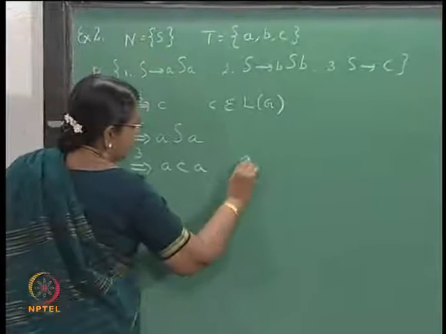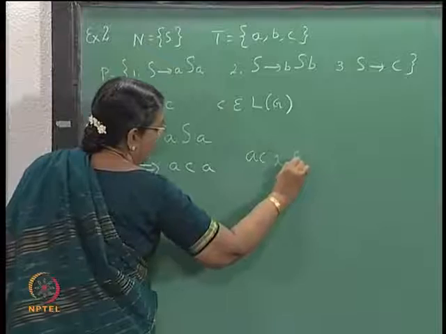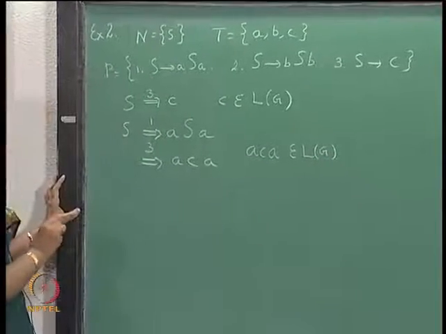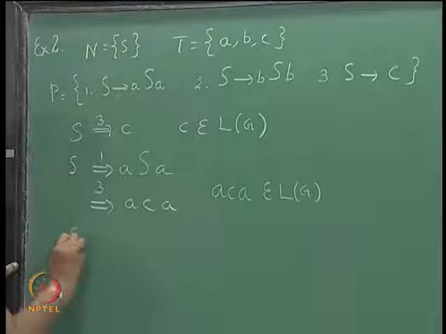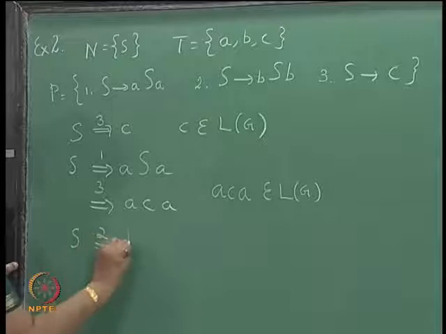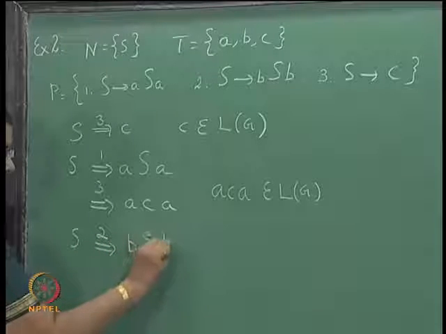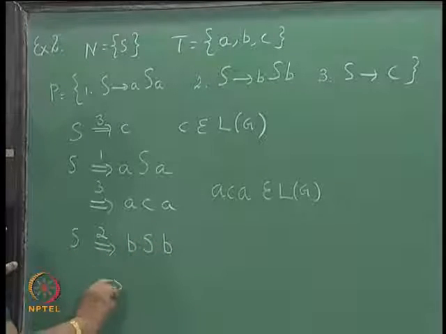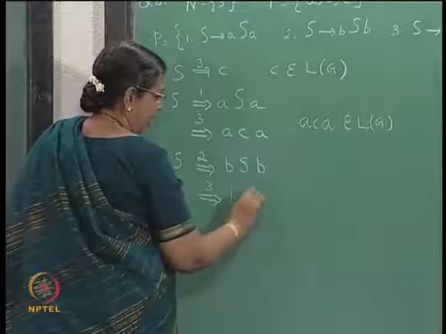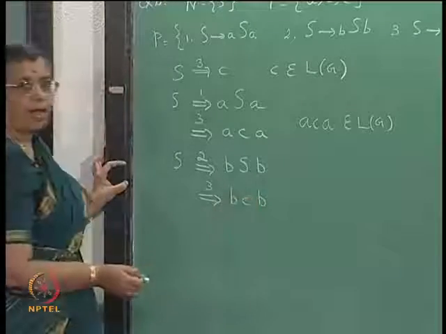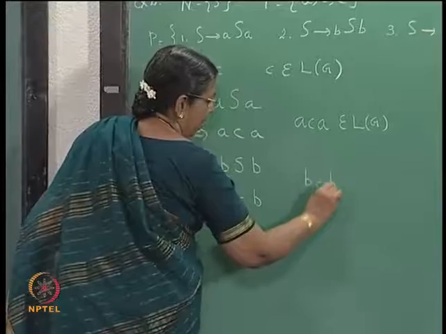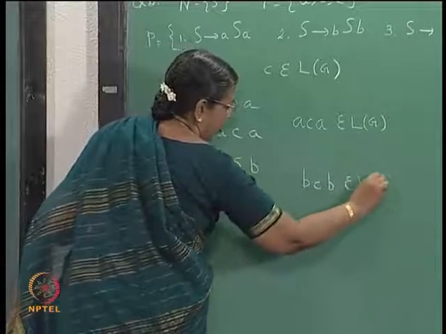So, A C A will belong to L of G. Now, starting from S, if you apply rule 2, you will get B S B, and then if you apply rule 3, you will get B C B.